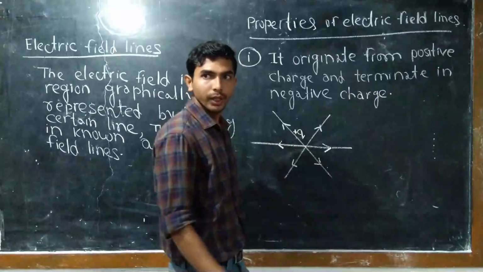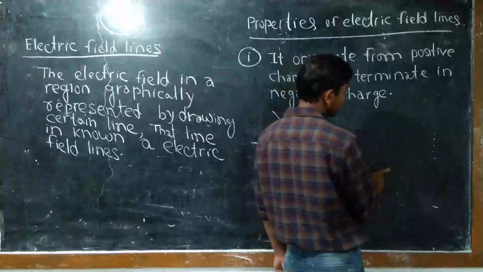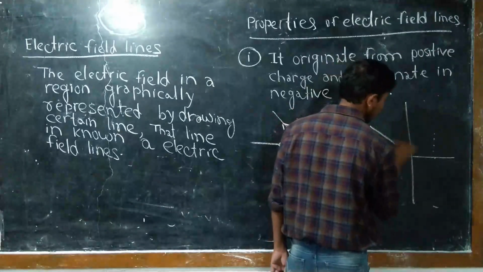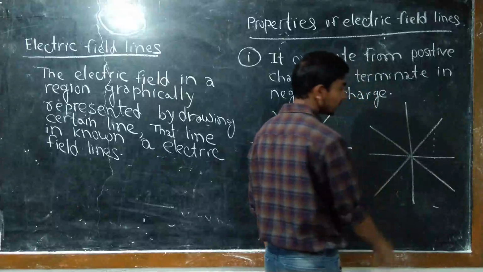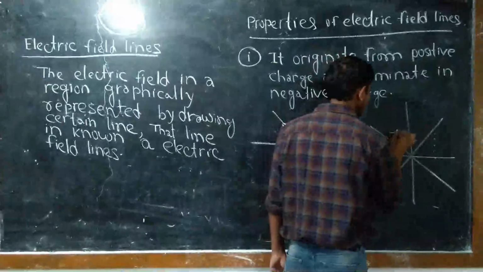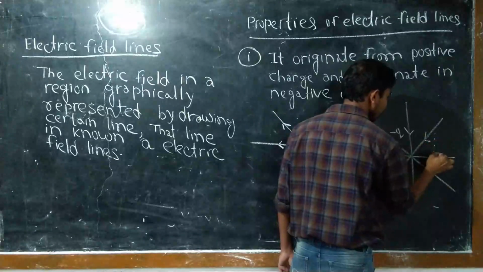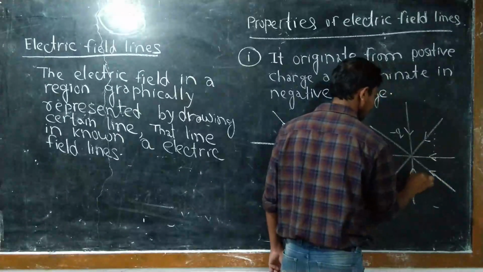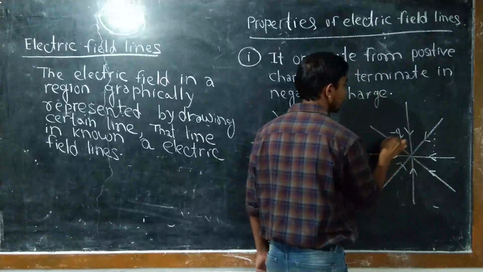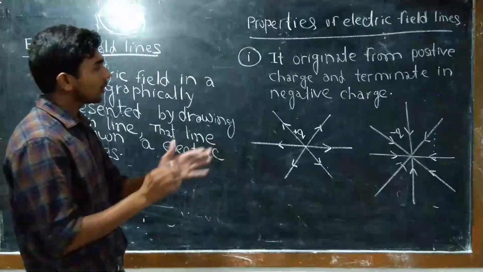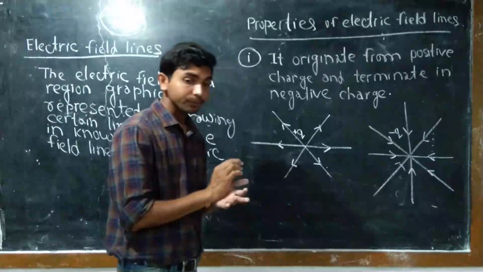And similarly, suppose the charge is negative, minus Q, so electric field lines will terminate on this charge. So write the statement and draw the figure.